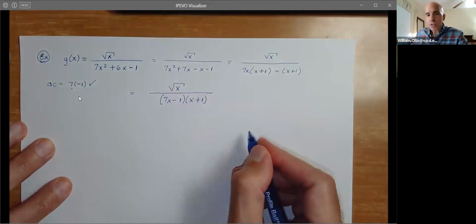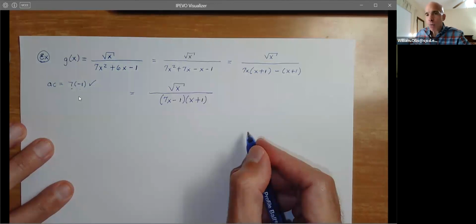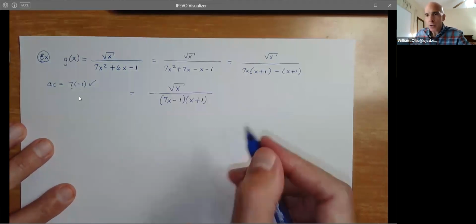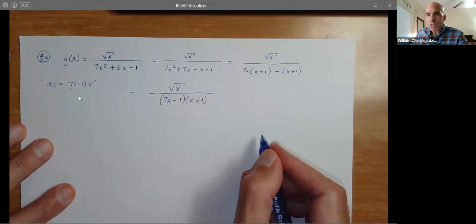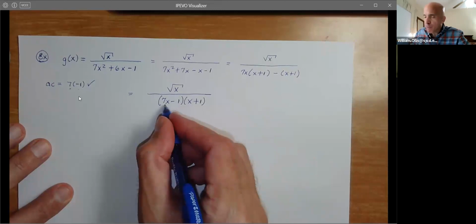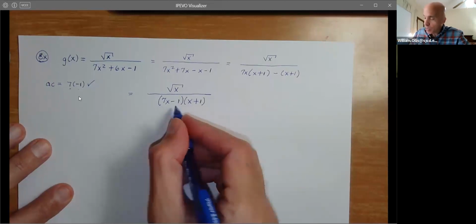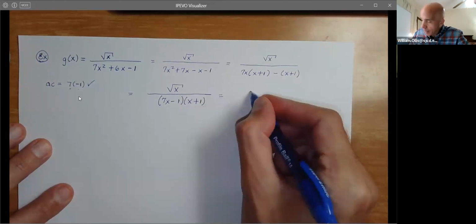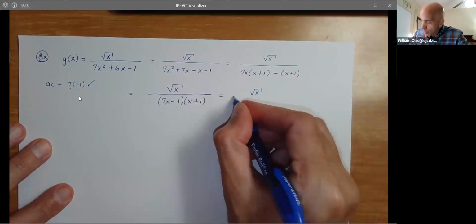Now, here's a little trick that I want to share with you that we're going to do when we review solving equations and equation theory with polynomials. I'm going to go ahead and factor the 7 from this factor here, just to rewrite it, just so we can see some algebra at work.